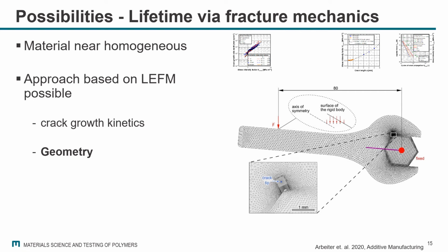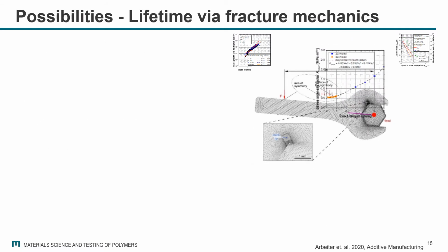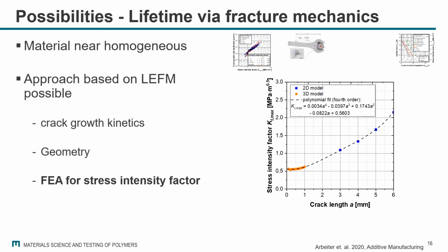In the next step, we had a look at the geometry and performed finite element analysis to get the local stress intensity factor at different positions when the crack starts to grow. It looks something like this. So we got the stress intensity factor K1 max, so at the maximum applied force during a cycle, as a function of the crack length as soon as the crack starts to grow.